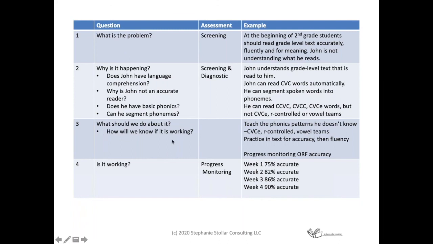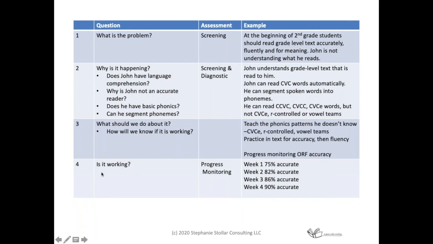So while we're planning that intervention or instruction, we need to consider how we'll know in step 4 if our instruction is working for him or if we need to change our instruction. So we have to plan for progress monitoring as part of our instructional or intervention plan. So we're going to progress monitor with oral reading fluency, specifically the accuracy score.